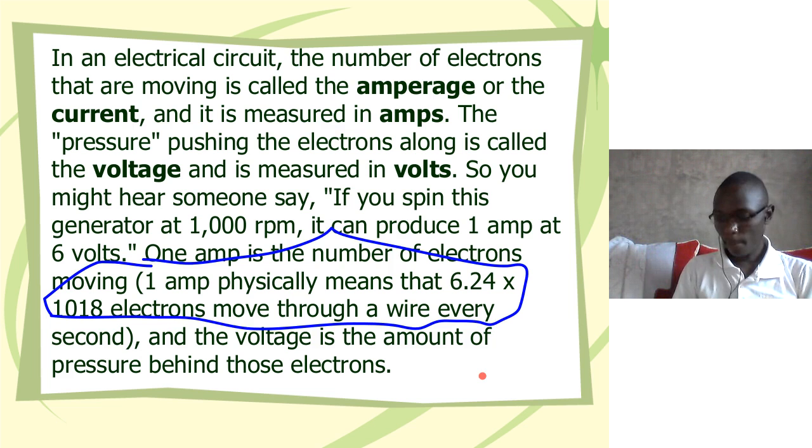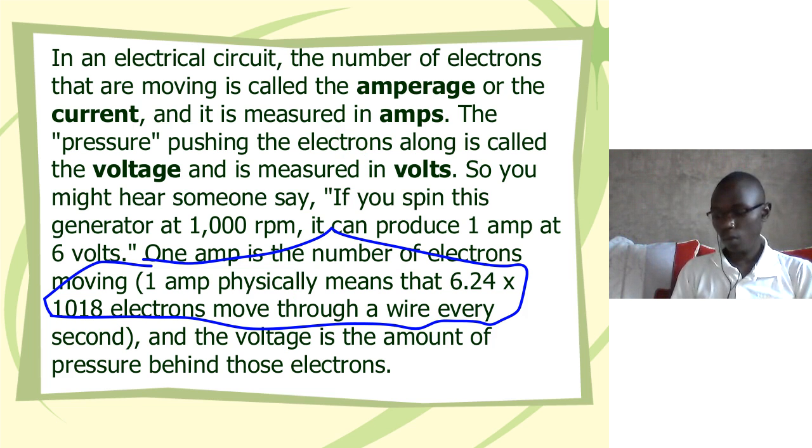When you talk about 1 amp, what you're looking at is 6.24 times 10 to the 18 electrons moving through a wire every second. So time is a very important factor there. Volts is voltage and amps is current.